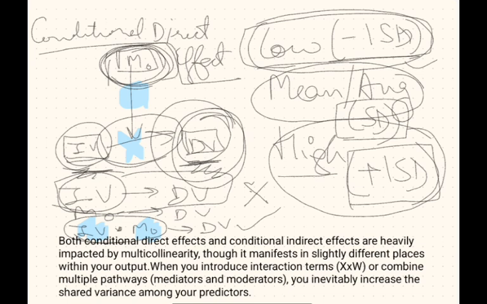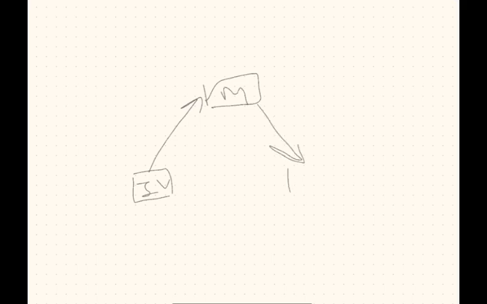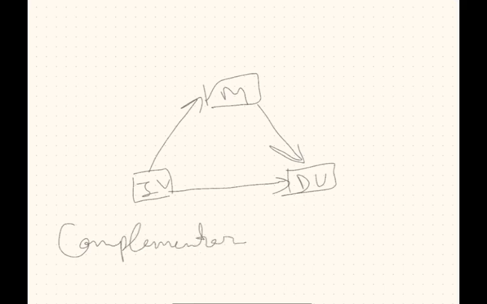Now let us talk about conditional indirect effect. Now in case of a moderated mediation, you have an independent variable, you have a mediator, and you have the dependent variable. So in presence of the mediator, you found that this is a case of complementary mediation, wherein direct and indirect effect both are significant.